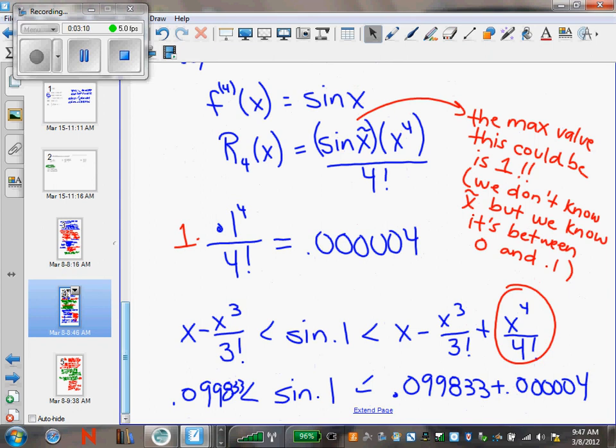So this term right here, x minus x cubed over 3 factorial, is what we used to approximate our third degree Taylor polynomial, and it gave us 0.099833.